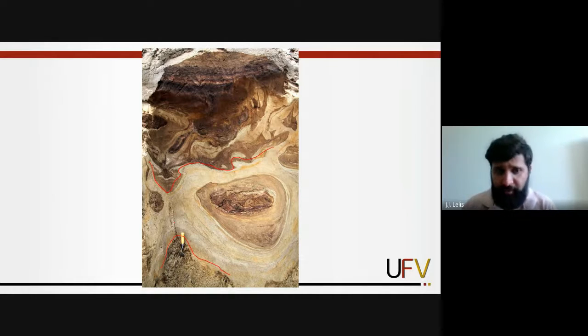So I have one horizon, and inside this horizon I have two other horizons, like this dark yellow one, and this one that's a rock fragment. I think that's a rock fragment.